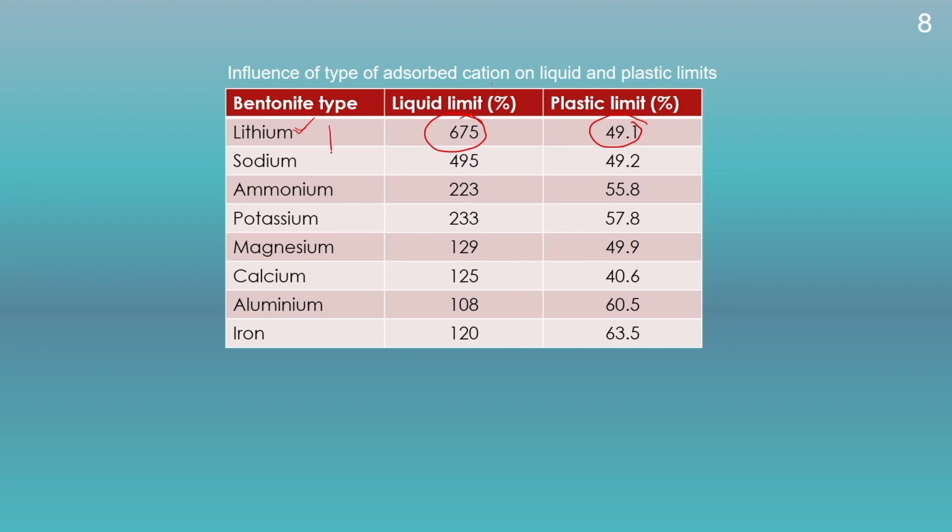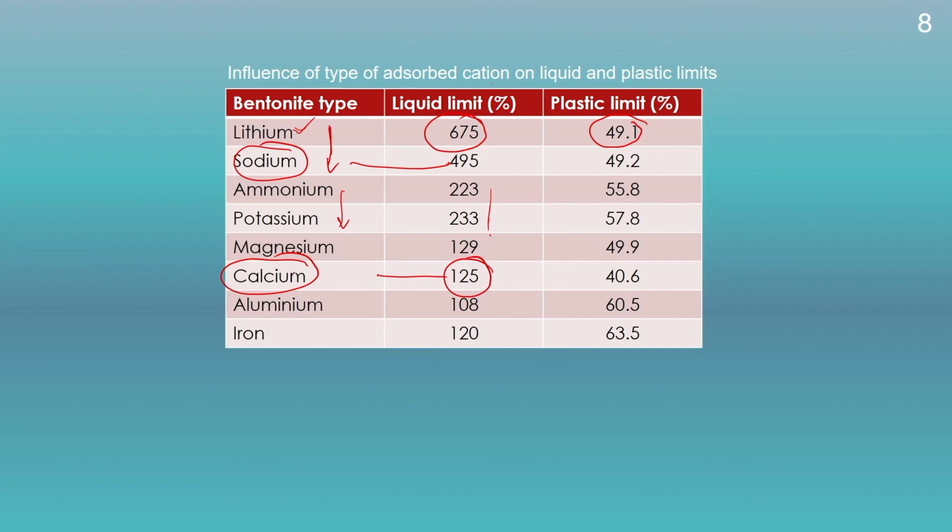If we keep on increasing the size as well as the valency of the exchangeable cations, the liquid limit of montmorillonite will keep on decreasing. For example, sodium, which is monovalent, and calcium, which is divalent: the liquid limit for sodium is 495, whereas for calcium it will be 125.